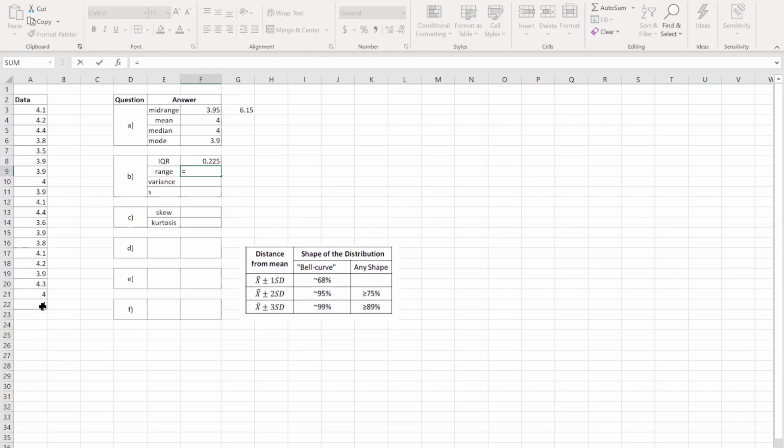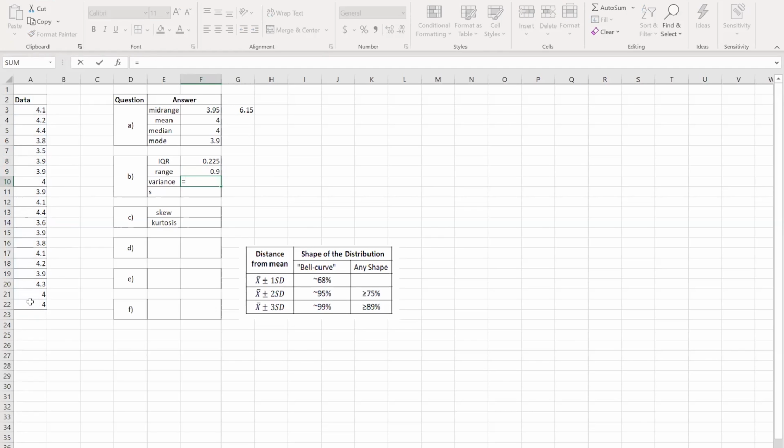The range is just our maximum minus the minimum. So max minus the min, close parenthesis, enter.